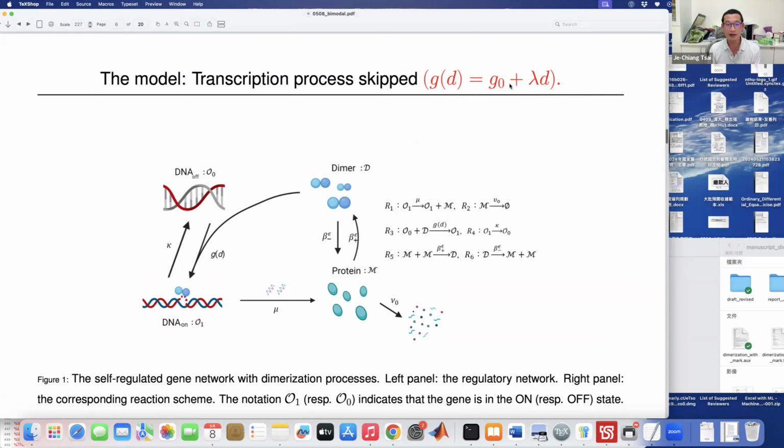This one is linear, and this one is linear. So this dimer can enhance pushing the DNA to be in an on state, or in an active state. So the more dimer protein, the more likely the DNA is to be in the active state.